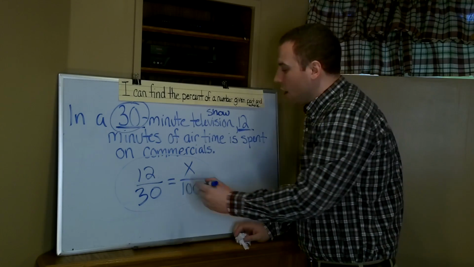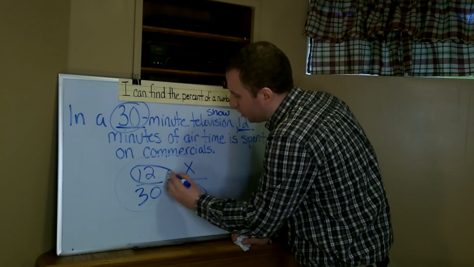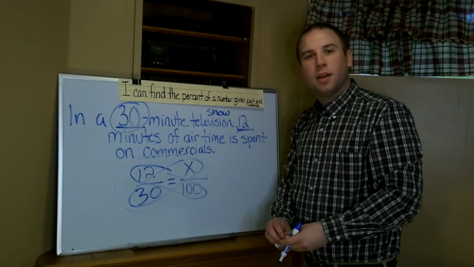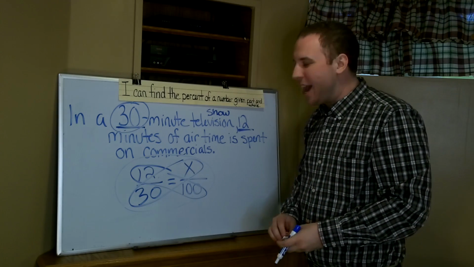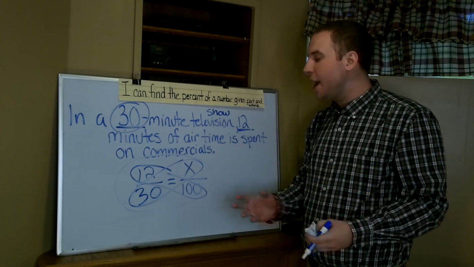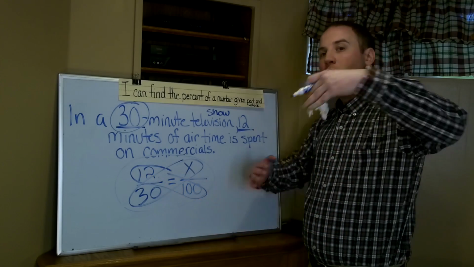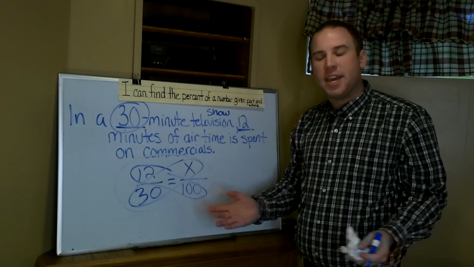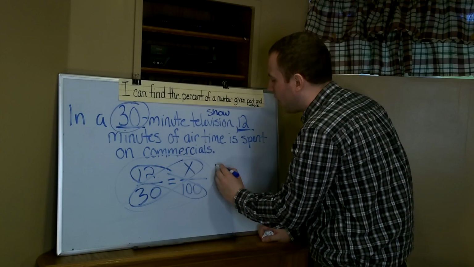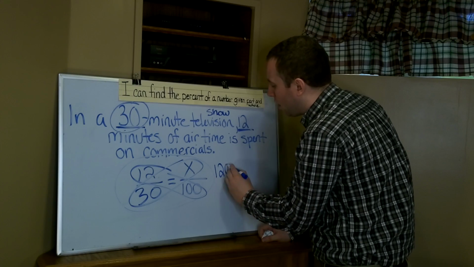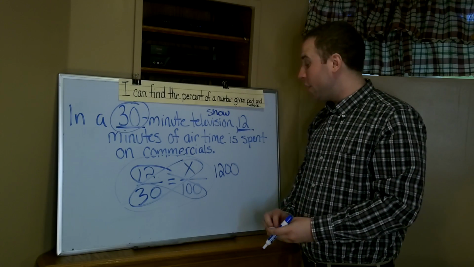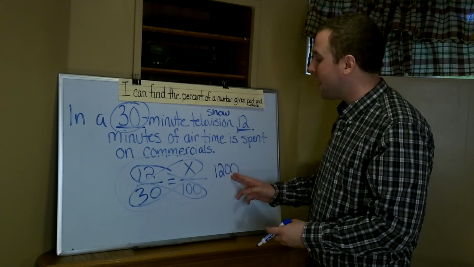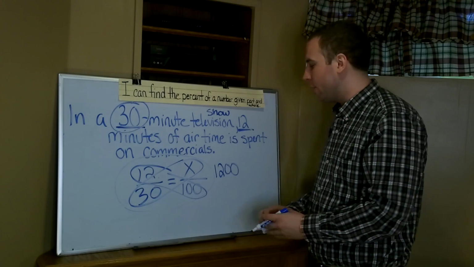In doing so, we're going to first do what? Right, cross multiply. When cross multiplying, once again, we multiply going across like a butterfly's wings. 12 times 100 will give me 1200, because all I'm adding is 2 zeros when multiplying by 100.